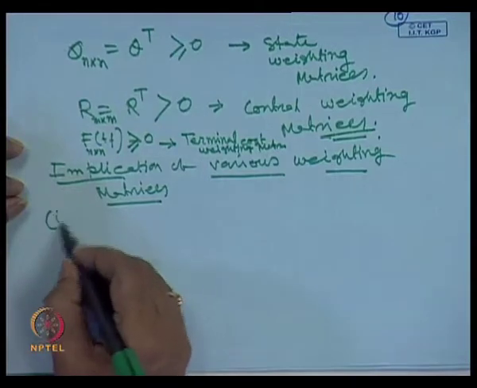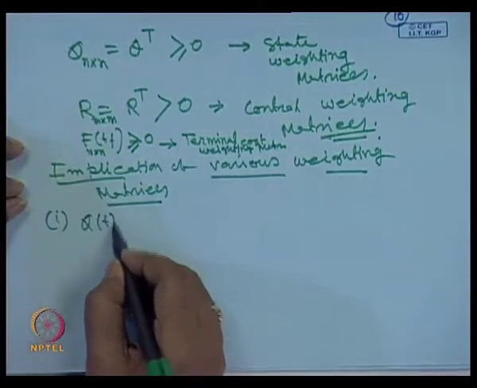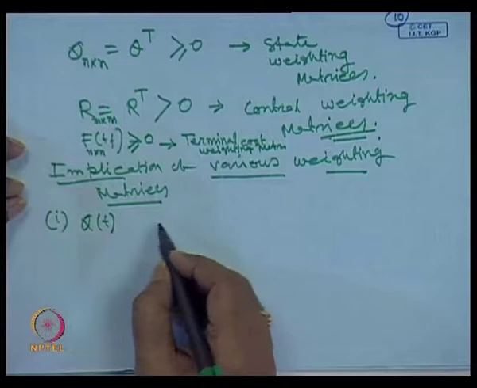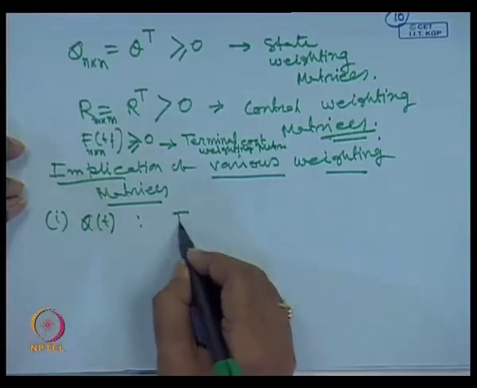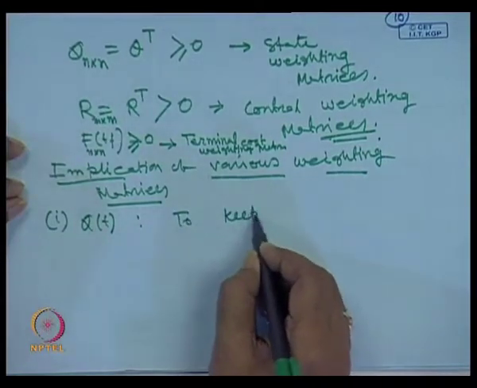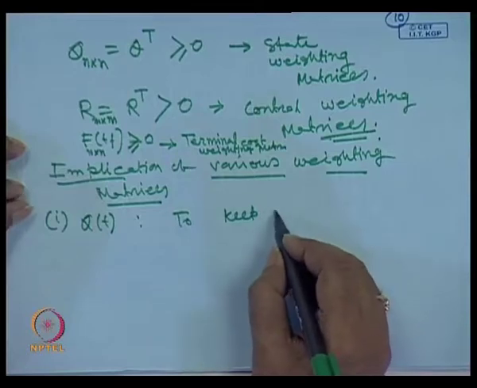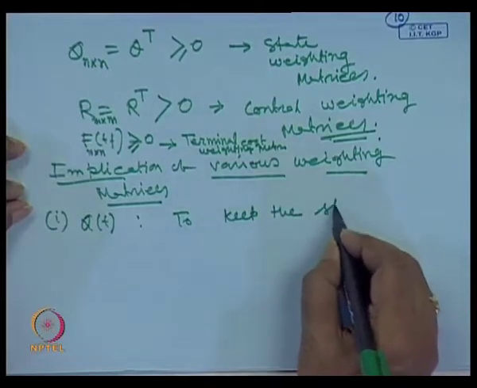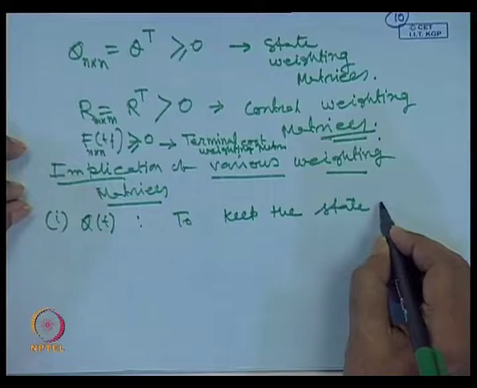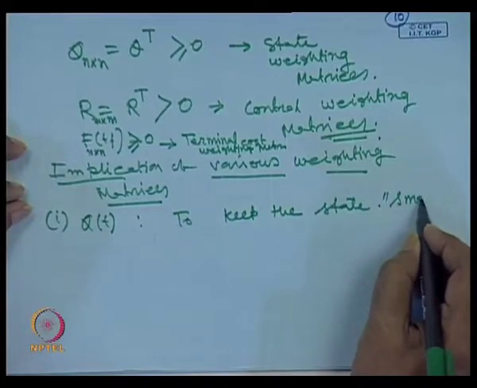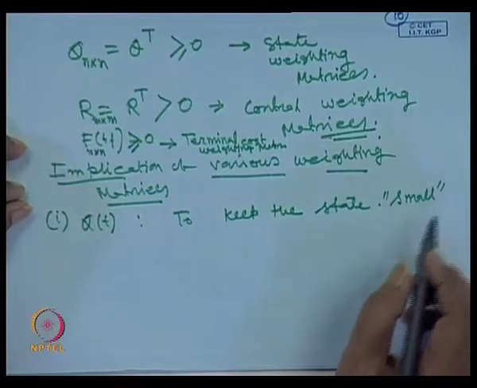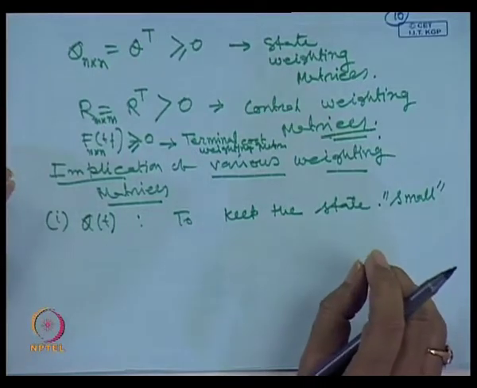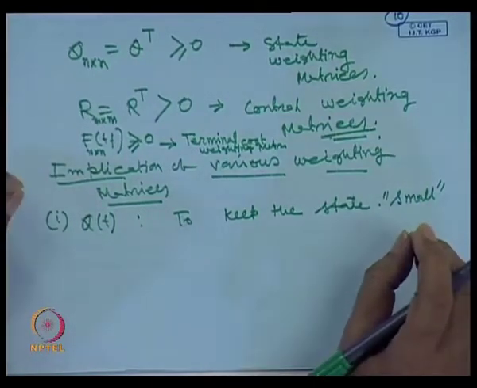First implication, Q of t, the state weighting matrix, agree, to keep the state small, because initially the system state is at the equilibrium position. If you give a perturbation to the system, the state will deviate from the equilibrium position.